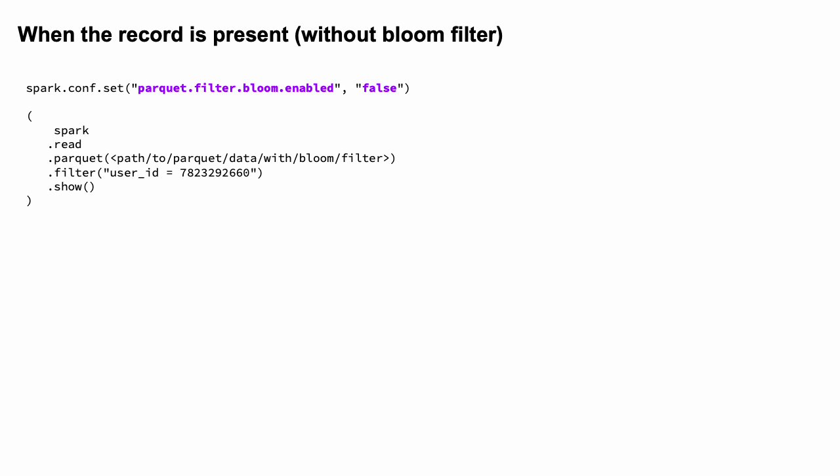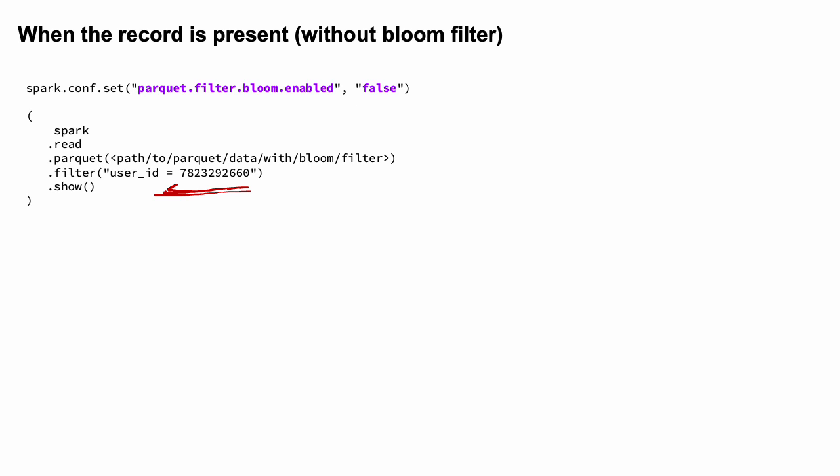Let's say when reading, we disable the Bloom filter, and we are trying to filter out the Parquet files for a user ID. And I looked into the metadata. This is the user ID which is present across all the page ranges as well as all the row group ranges, like all the column statistics which are stored at the row group level and at the page level.